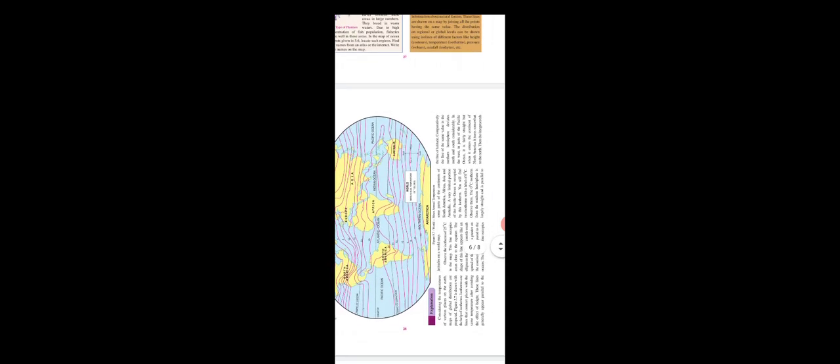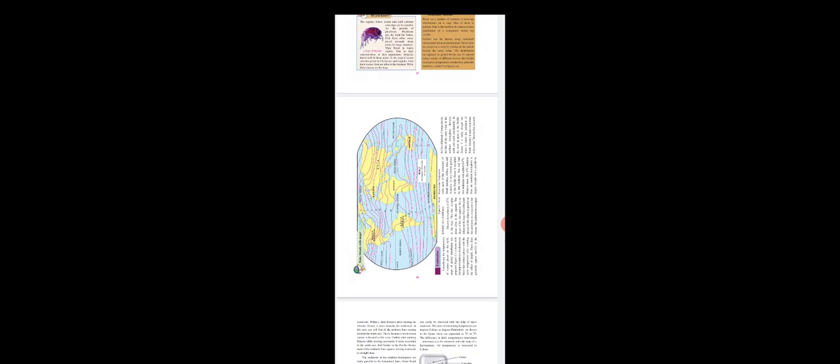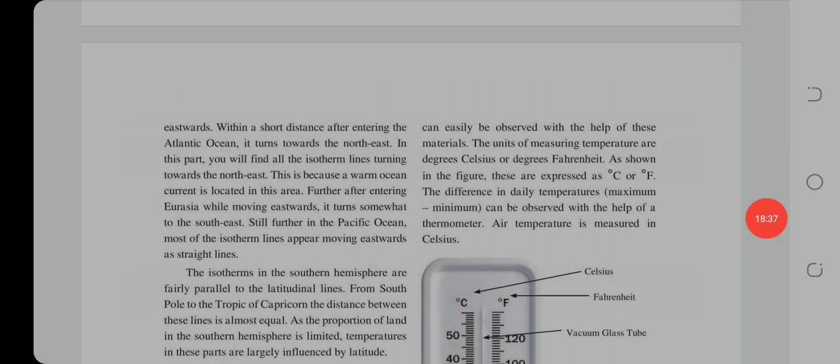In the west, in part of the Pacific Ocean, it is fairly straight, but when it enters the continent of North America, it turns somewhat to the north. Then the line proceeds eastward.